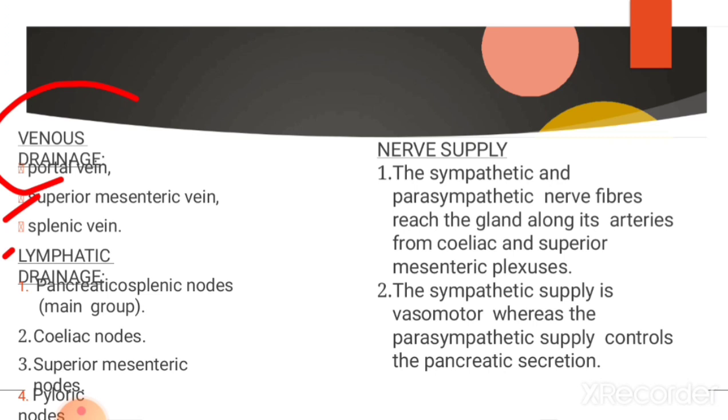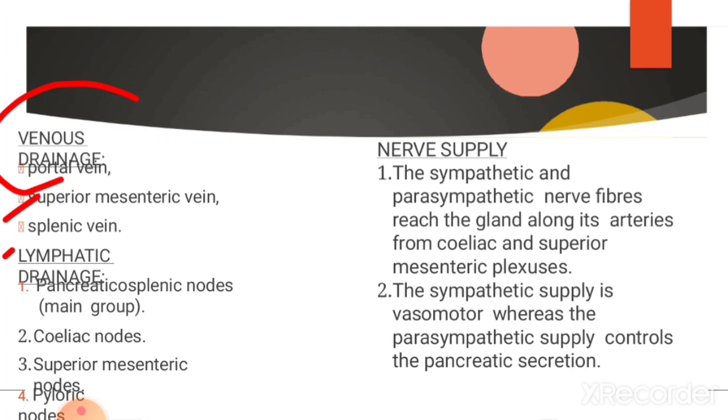Then the lymphatic drainage. The lymph from the pancreas enters into the celiac nodes, pancreatic or splenic lymph nodes, superior mesenteric nodes and the pyloric nodes. These nodes are located very close to the pancreas. So you should remember only the names of these lymph nodes. Then the nerve supply: both sympathetic and parasympathetic nerve fibers reach the pancreas.